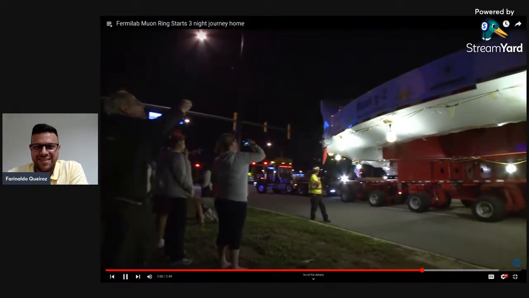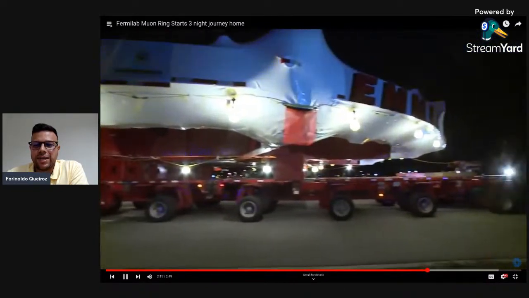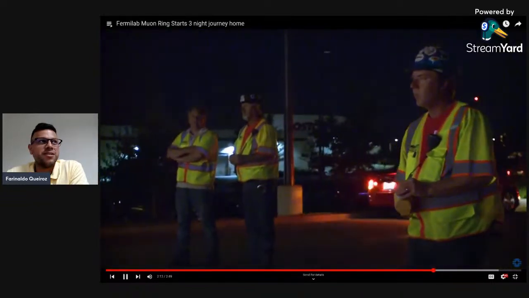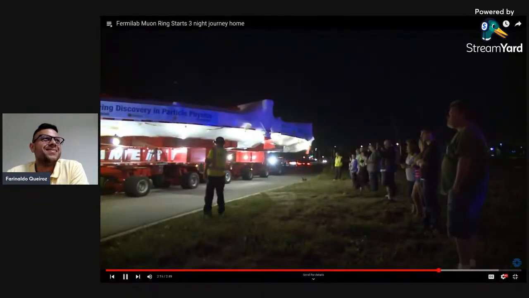So we are talking about a country where people stop to take pictures of a particle physics experiment.